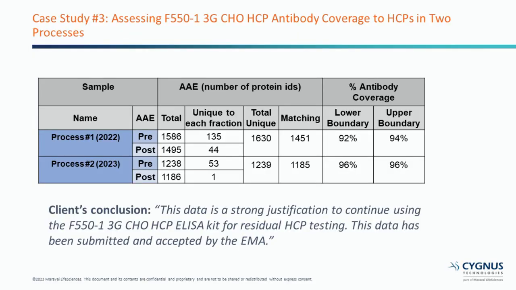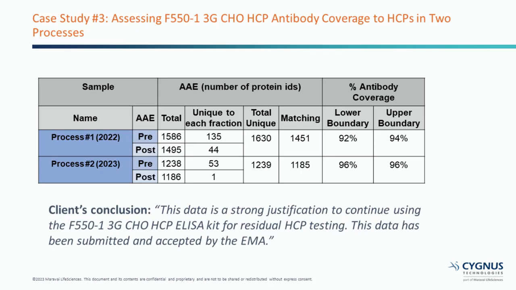And then the final case study that I would like to show is one study from one of our clients where they had two different processes. Process number one was performed in 2022. Process number two was changed and performed in 2023.